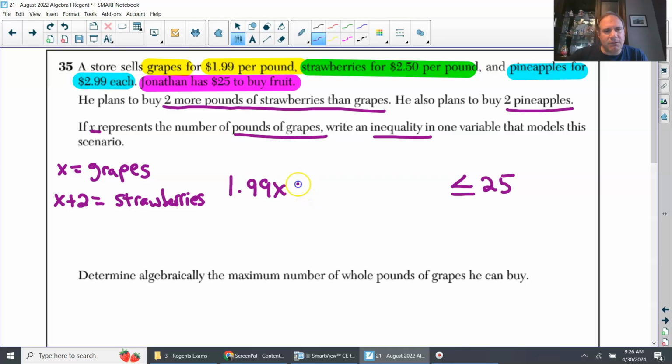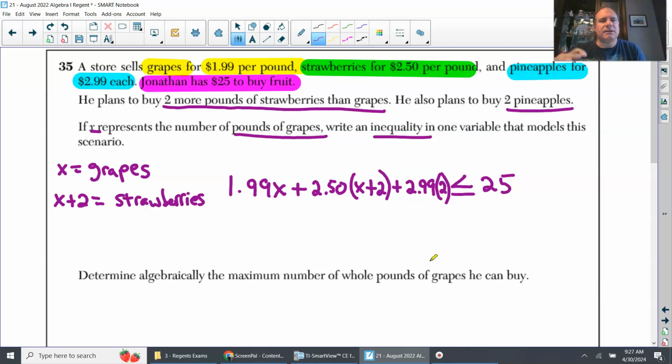Plus, okay, he's going to get 2 more pounds of strawberries than grapes. But strawberries cost $2.50 per pound. And then he wants to buy 2 pineapples. So pineapples are $2.99 each. So we have plus $2.99 times 2. That's it. That's everything he's going to buy.